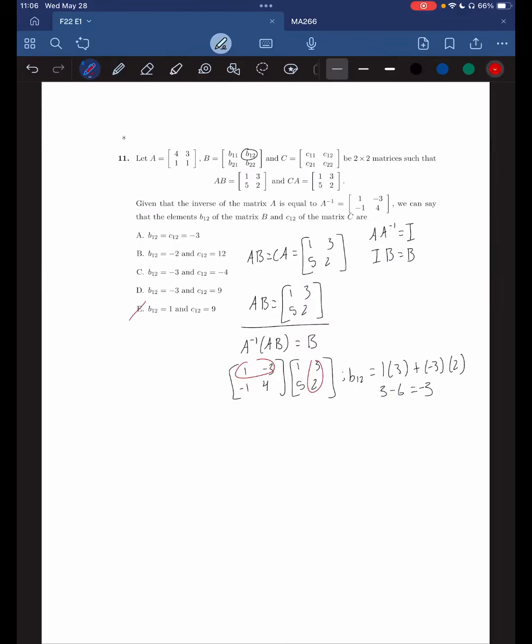Just off the bat, we can cross these two out. We're going to do the exact same thing for CA, except we're going to multiply A inverse on the right side. Because, again, A times A inverse is I, and CI is going to be C. We know what CA is: CA is also [1, 3; 5, 2]. What is A inverse? [1, -3; -1, 4].